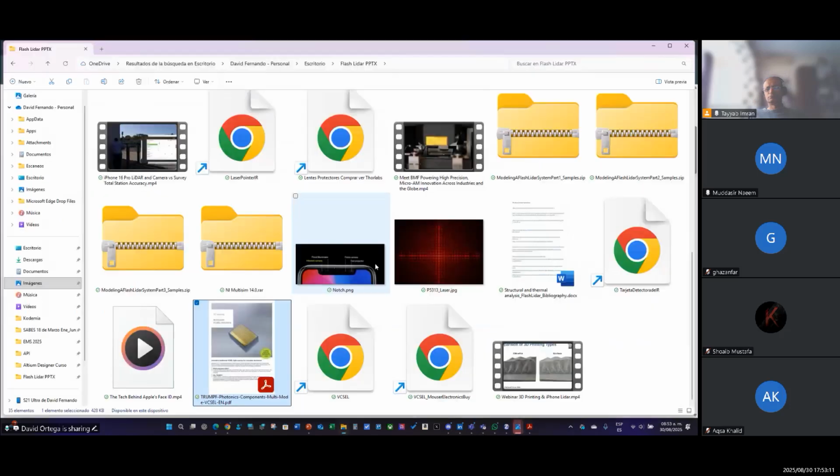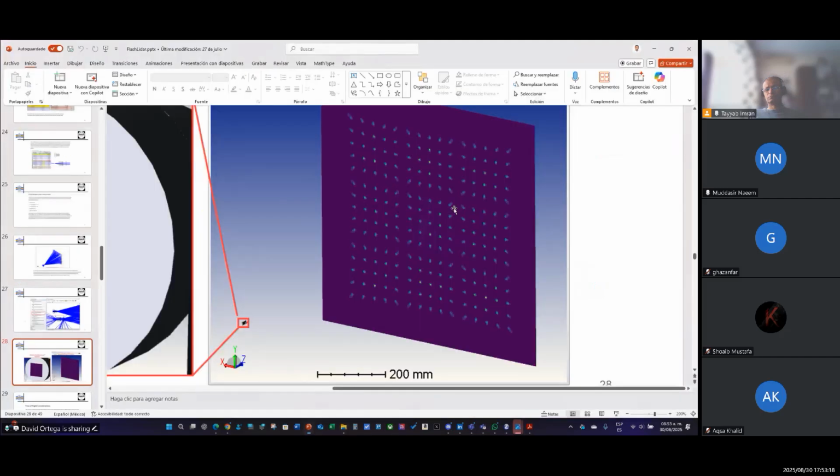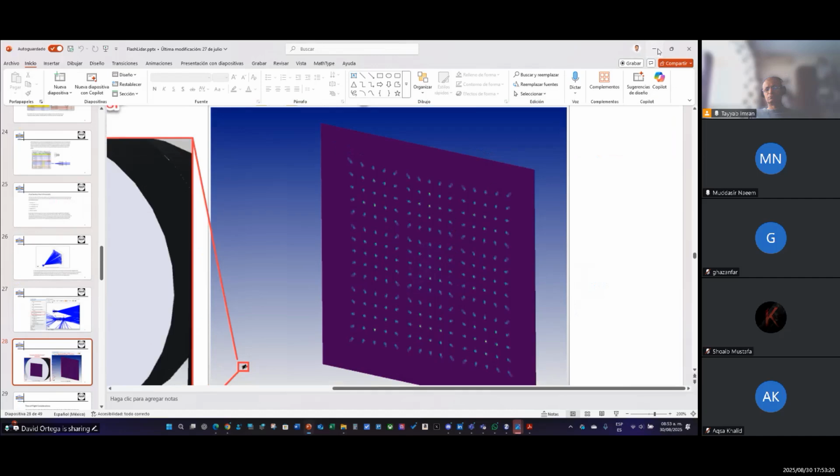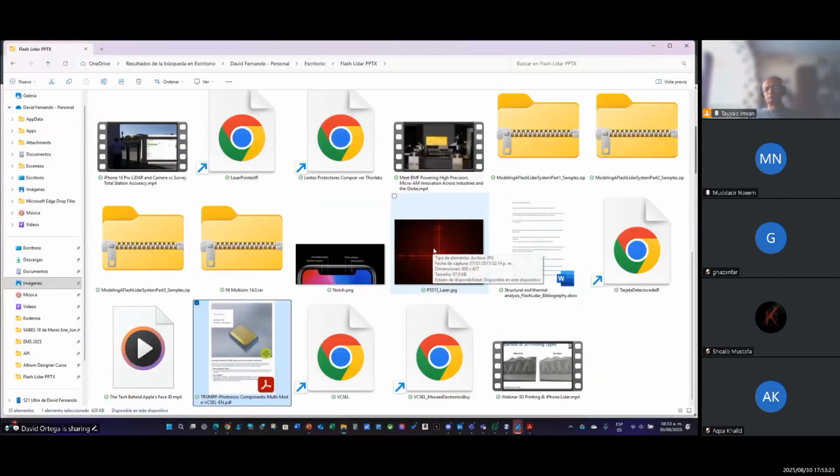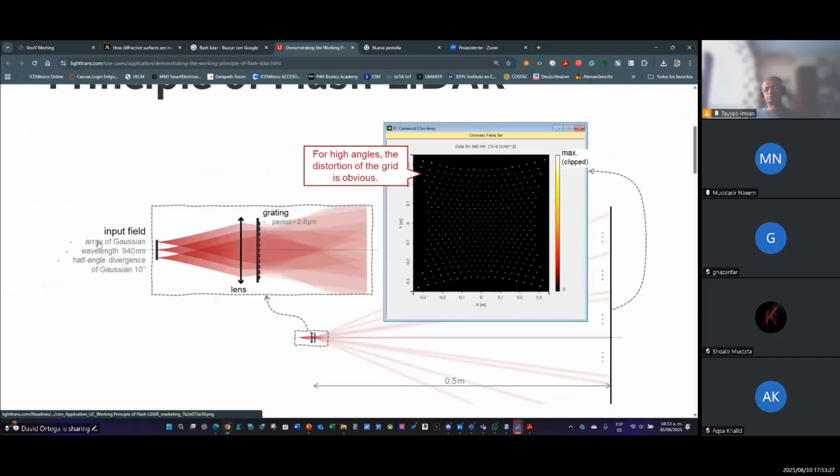It's similar to the pattern I showed you last in the presentation, but instead of a diffraction grating with that form, we try to simulate an array of Gaussian beams, like a matrix in the X direction and Y direction. And with only a simple diffraction grating, we can try to achieve a pattern similar to the other one, but I didn't finish.